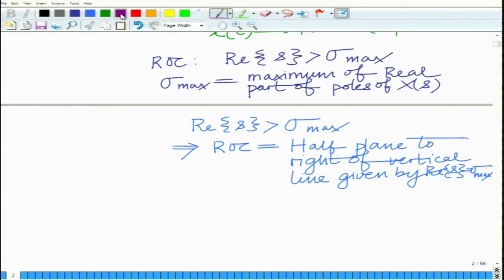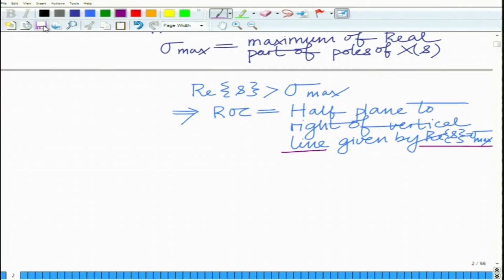Since it is greater than the real parts of all the poles, the ROC is to the right of all poles of X(s).